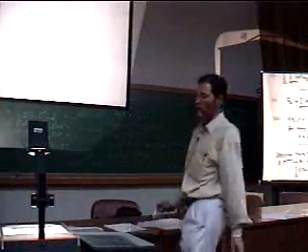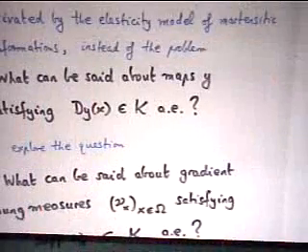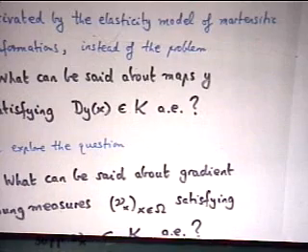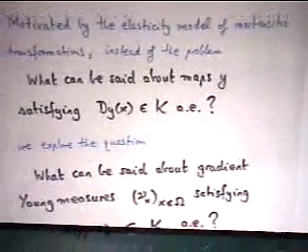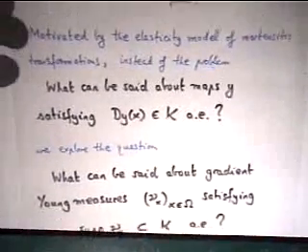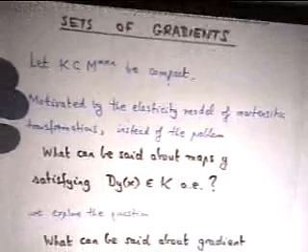Right, so we've seen that it's more appropriate to ask questions about Young measures for these microstructure problems than about exact gradients. So in other words, now I'm onto another section, compatible and incompatible sets of gradients.